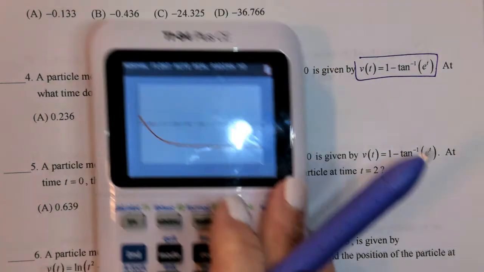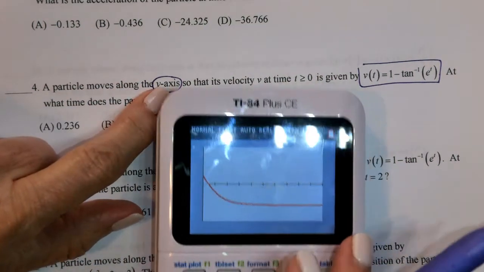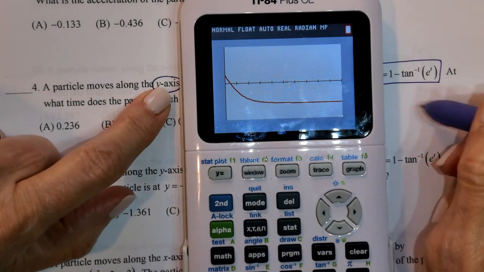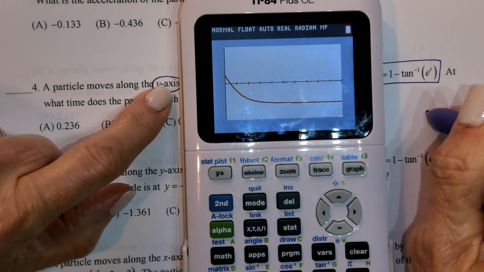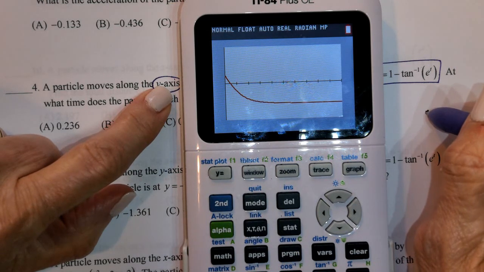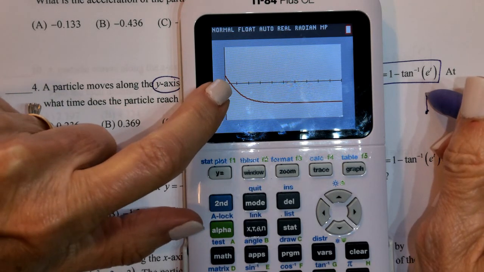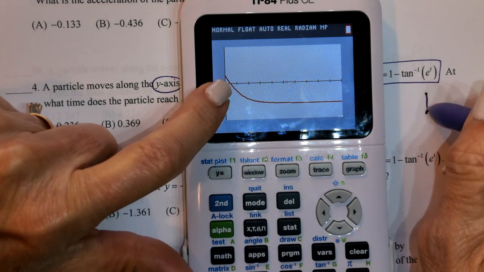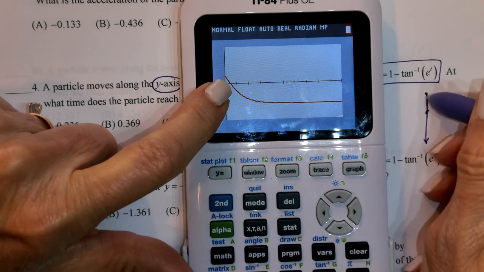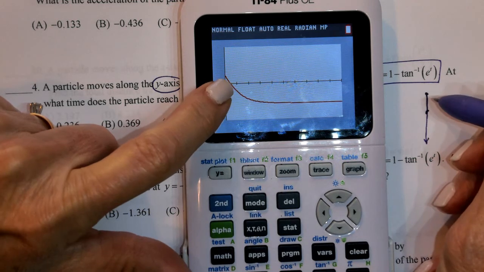So think about that. That means we're on the y-axis. Wherever we start, the velocity is positive, so we're going up until we get to that time, which isn't too long, and then we go down. So clearly we reach its highest point at that time.